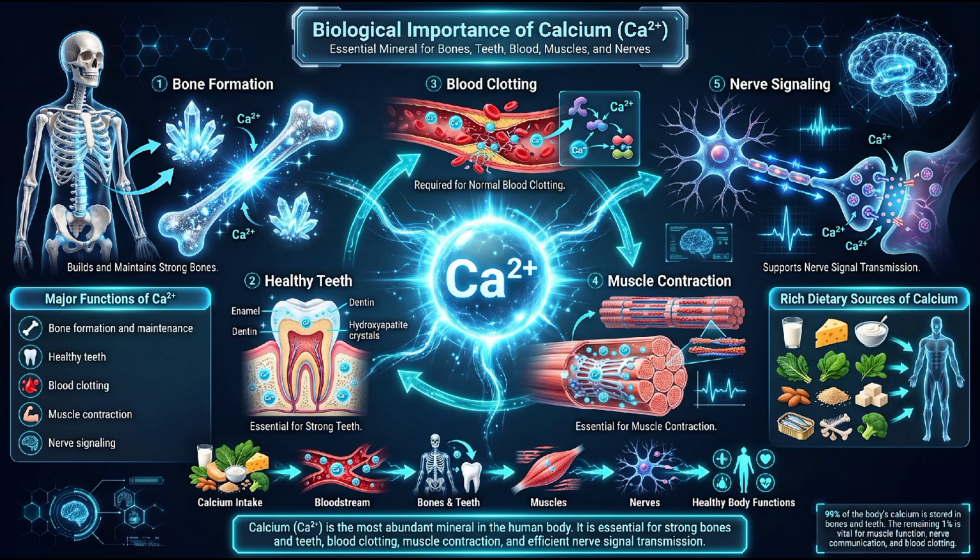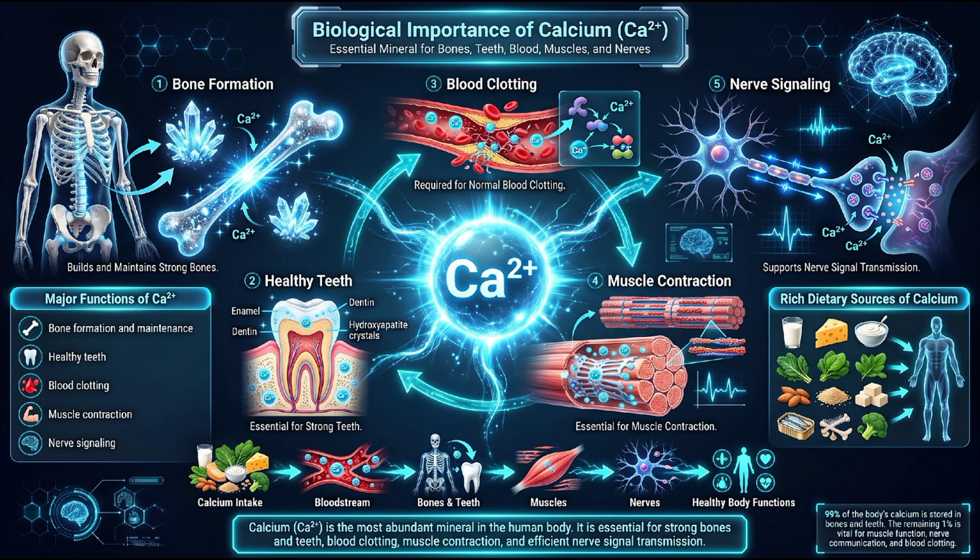After the contraction is complete, calcium is pumped back into storage, allowing the muscle to relax. This continuous movement of calcium enables all skeletal muscles, smooth muscles, and even the heart muscle to contract and relax in a coordinated manner. Without calcium, muscles would be unable to contract properly, resulting in weakness, spasms, or paralysis.